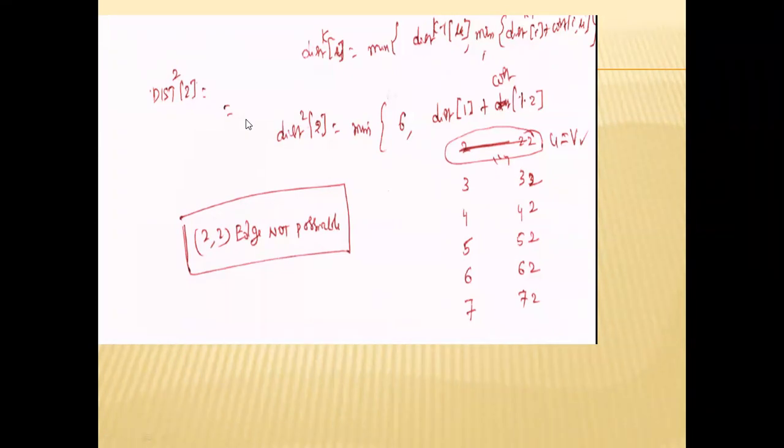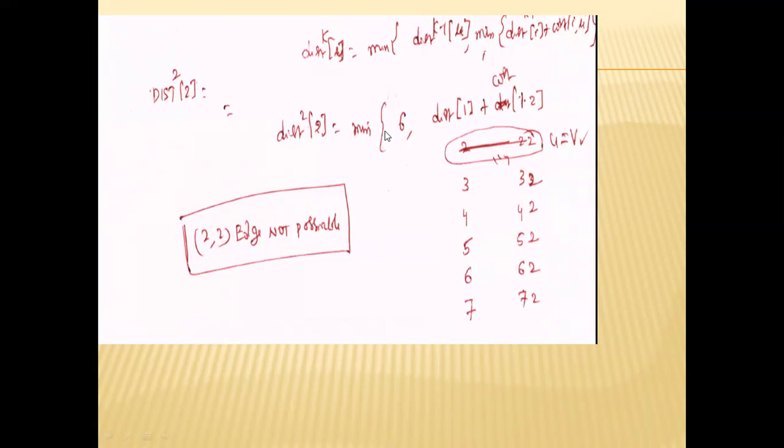So first, distance 1 comma cost of 1 comma 2, distance 3 comma cost of 3 comma 2, distance 4 comma 4 comma 2, distance power 1 of 5 comma 5 comma 2, distance power 1 of 6 comma 6 comma 2, 7 comma 7.